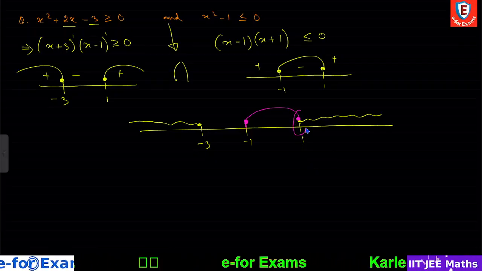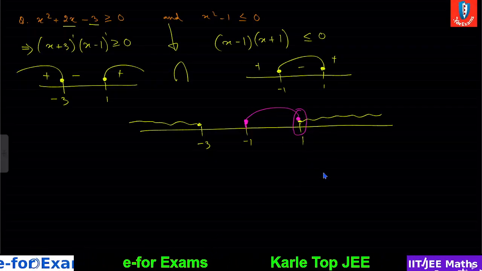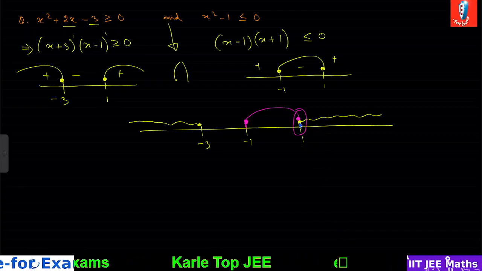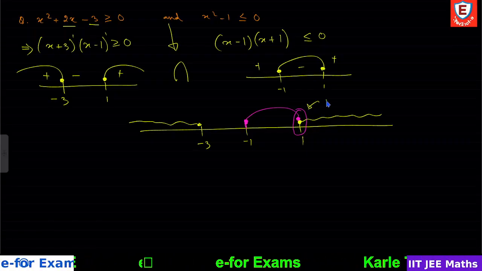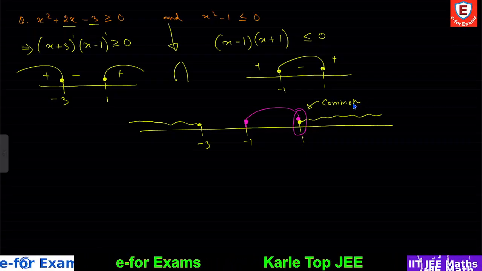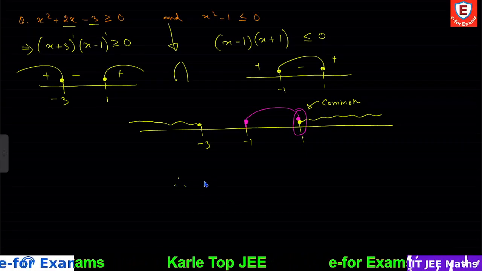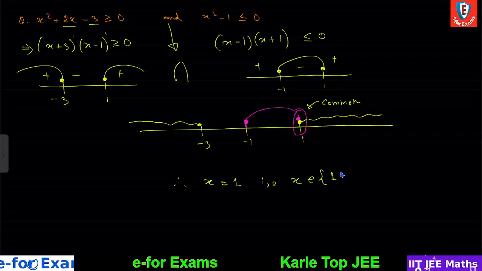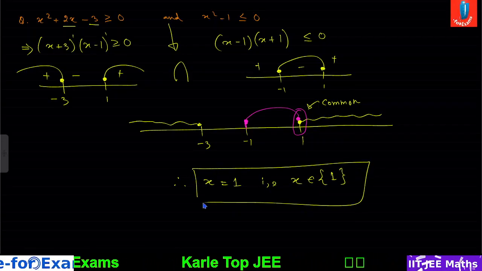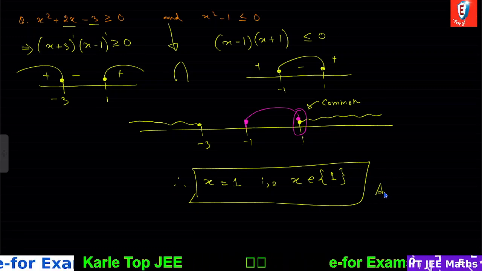Only 1 is the common point. From the first solution we get a dark circle here, which means 1 is included, and from the second solution, a dark circle on 1. So 1 is the only common point. Therefore, x equals 1, that is, x belongs to the singleton set {1}. Got it? This is the answer.